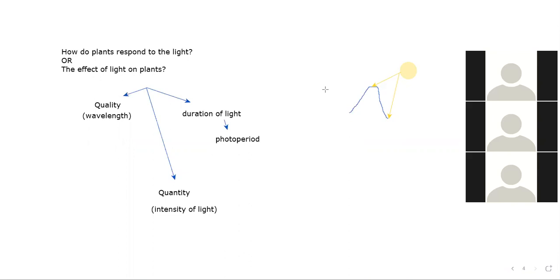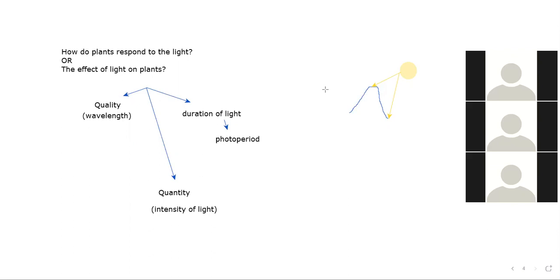So that is why light affects the environment, light affects the biodiversity, light affects the density of plants, light affects the health of plants, etc. So that is why light is a very important component of the environment, which is important to be noticed here.